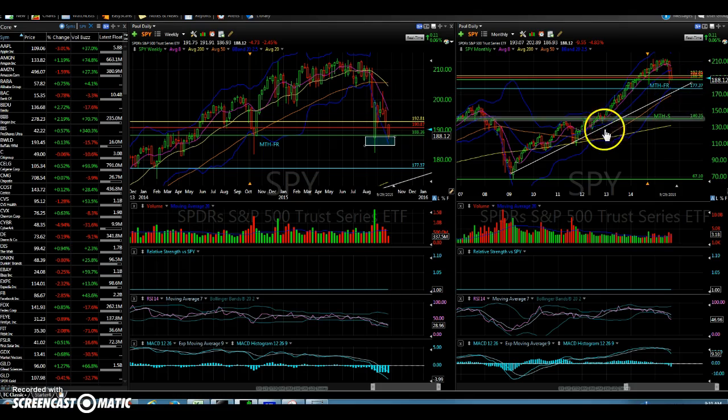It's the 50% retracement between 140.35 and 213.78. So three things there: a fib, a trend line, and the 50-month. Also, you're going to have 175 around quarter level. So that's where we're going. That's where it would be interesting to buy.